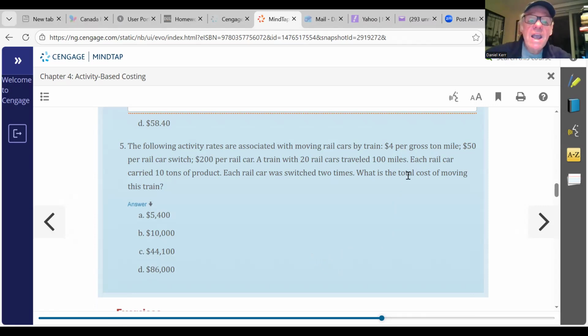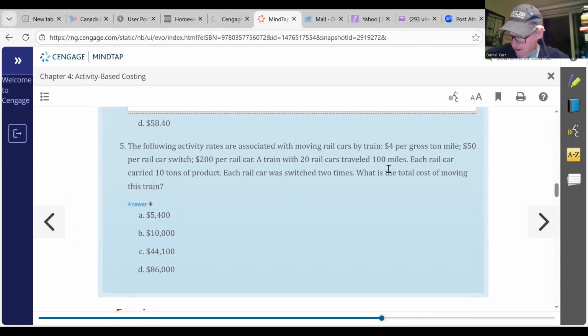And then we've got a switching cost, which is $50 every time we switch a car. So we have to figure out how many times we switch the cars. And then we've got a per rail car cost of $200 per rail car. So those are your rates, and now you have to figure out what the total charge is going to be.